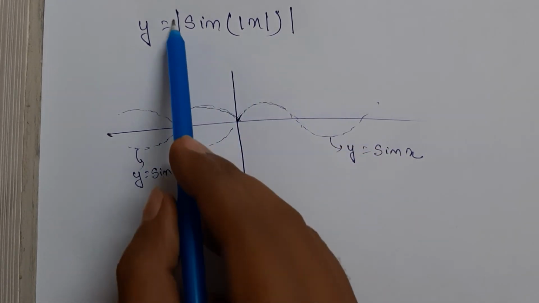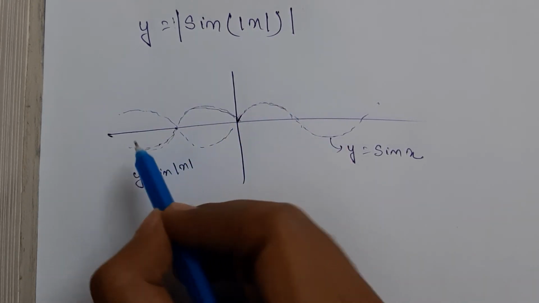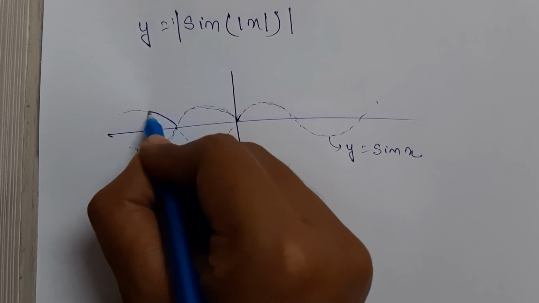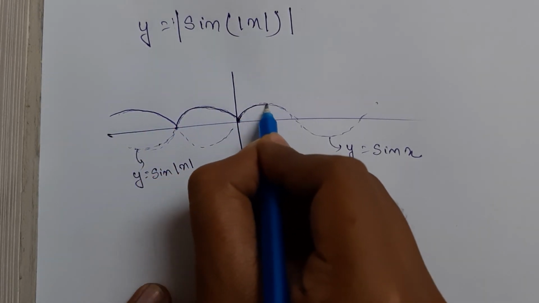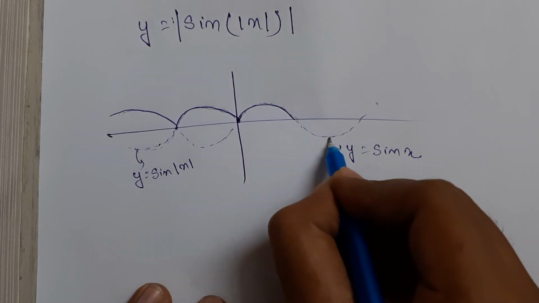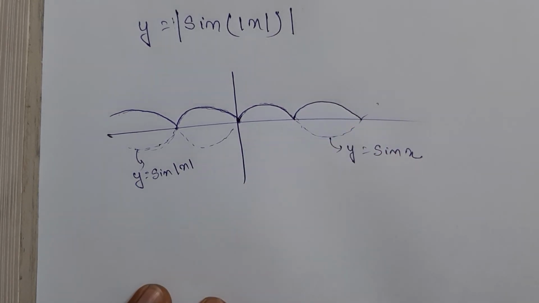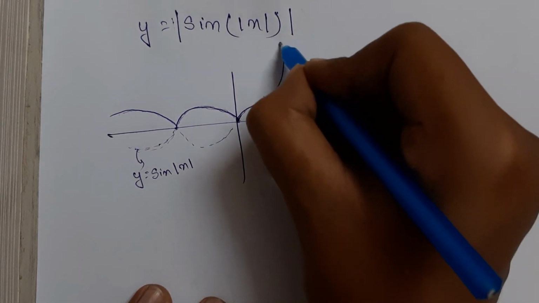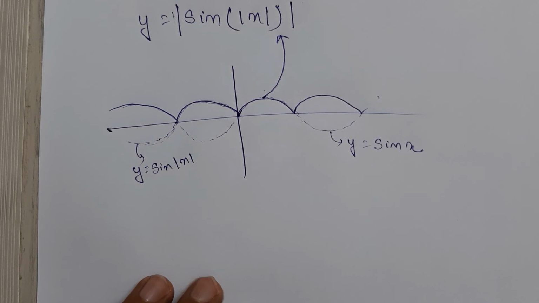Now we have given mod on the whole function, so we will also get a positive value. As y cannot be negative, we will get an image of it. So this is the graph of this. I think you have understood it easily, right?